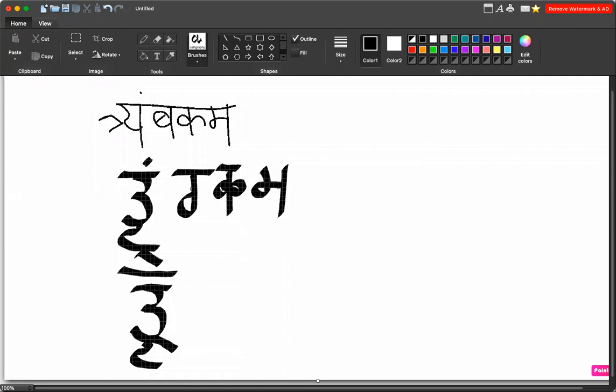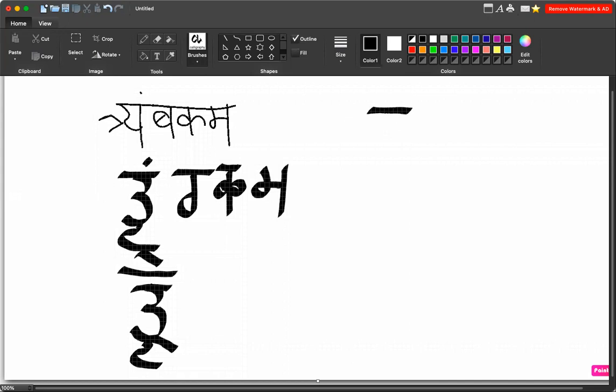Can you give me a word with a sanyukt akshar and a matra? Trilok. Ma'am, Dyoho. It's like when we start the Shanti mantra, we say Dyoho Shanti.